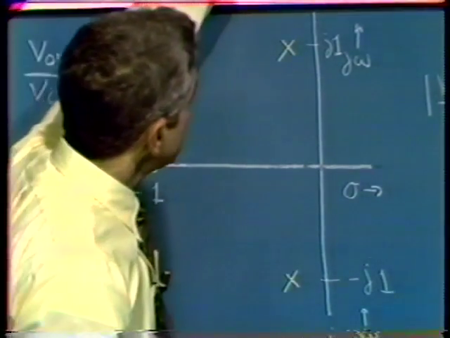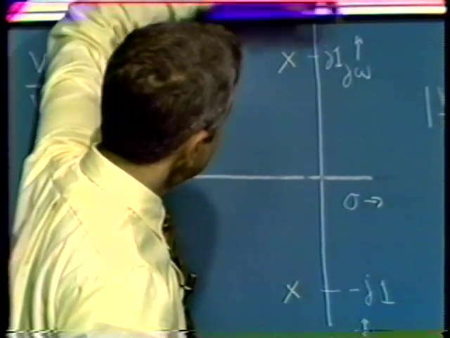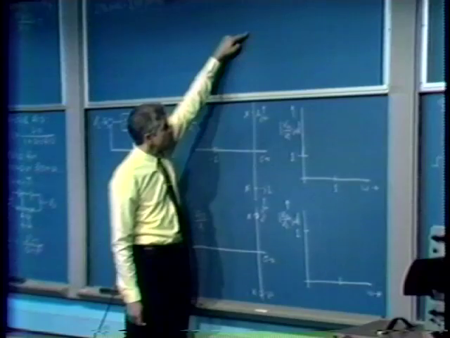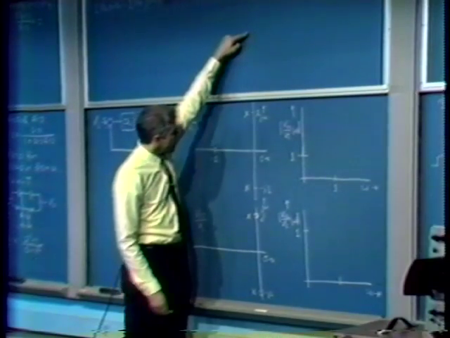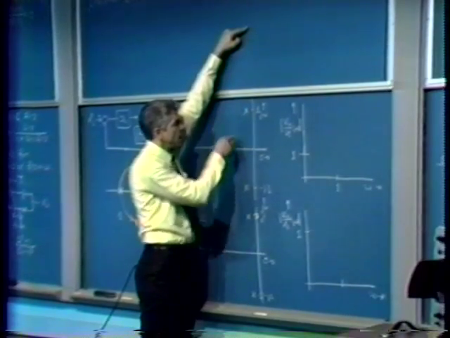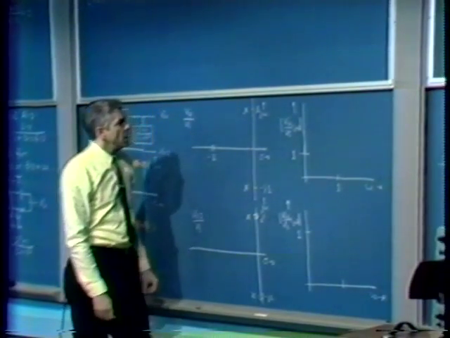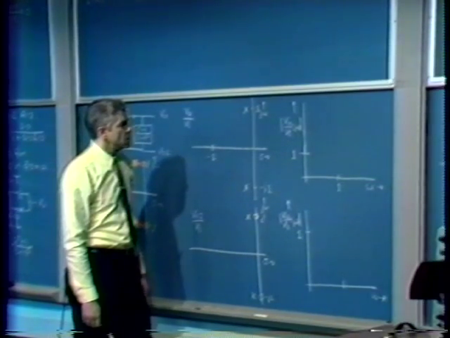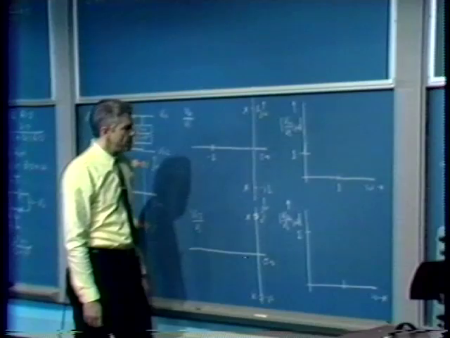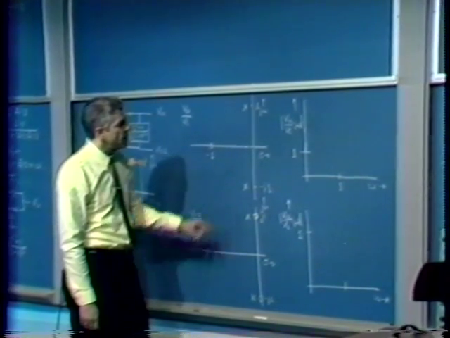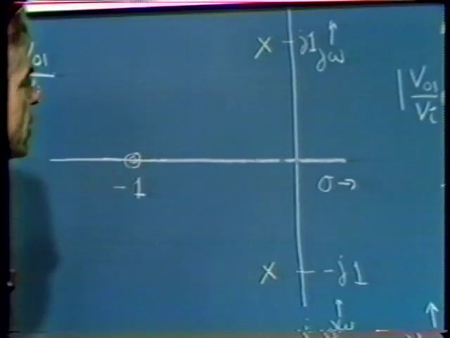Similarly, for very large values of frequency, again, move out along the imaginary axis to evaluate sinusoidal steady state response. Again, the lengths of the vectors from the poles and zeros just about cancel. And so the response of this system for both DC and for high frequencies is the same. The only place that the frequency response differs significantly from that value is immediately in the vicinity of a pole.